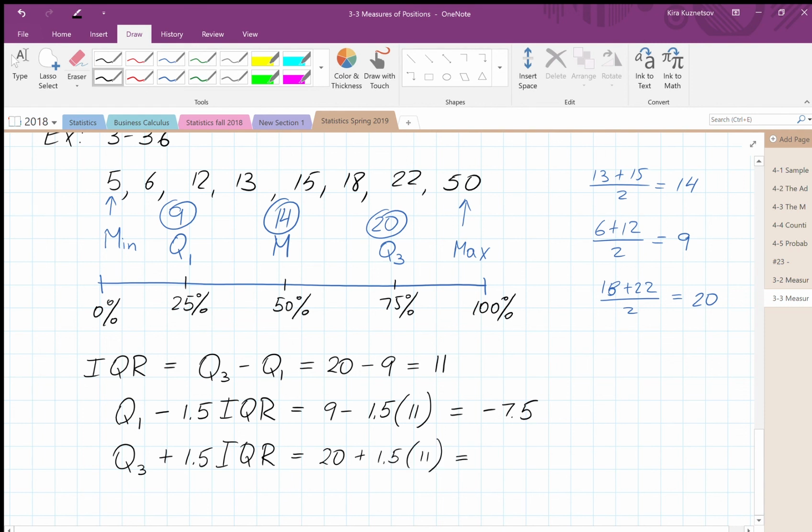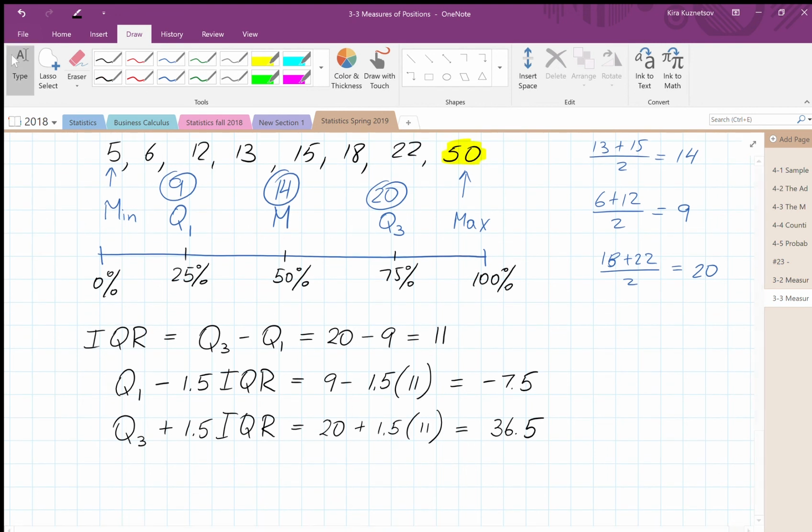So 20 plus 1.5 times 11, and I'm at 36.5. So 36.5 is the highest number that I'm expecting, although I'm seeing a 50. So in this case, since 50 is greater than 36.5, 50 is an outlier. It's too far away to the right from the rest of the data.